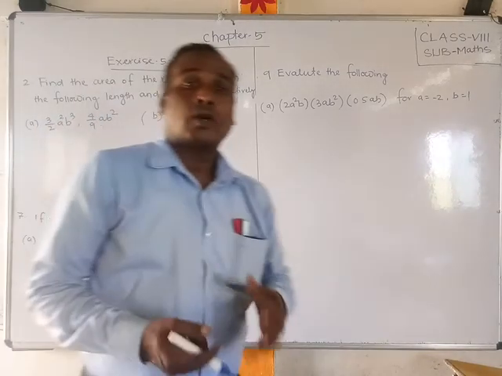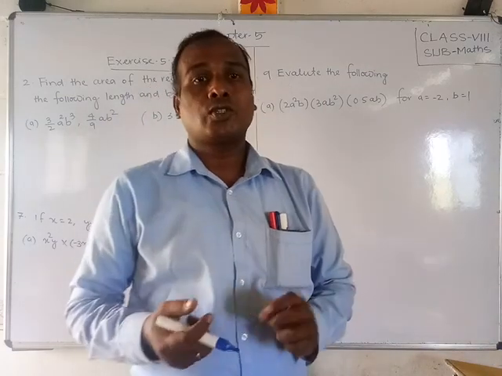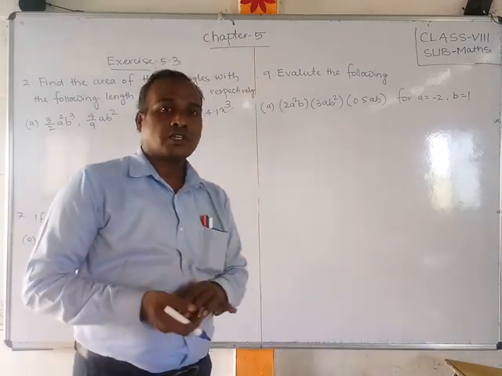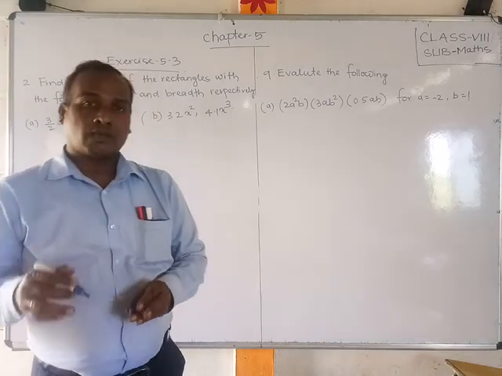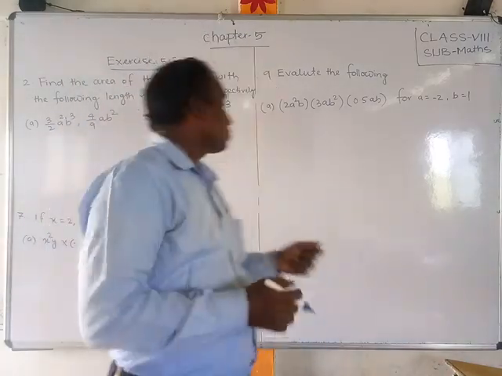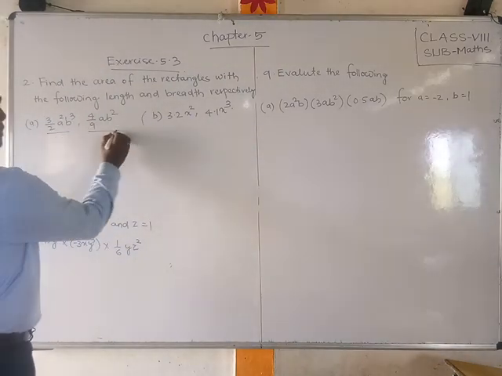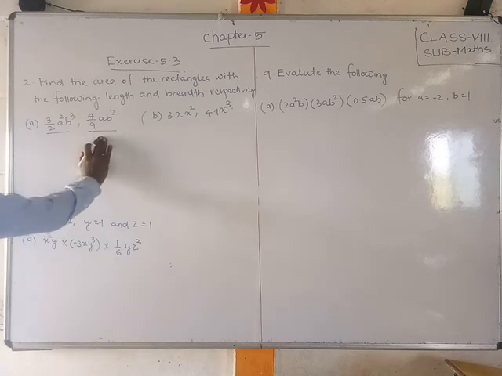So what is the area of the rectangle? Already we know that area of a rectangle is equal to length into breadth. What is the perimeter of a rectangle? 2 of L plus B, that means 2 of length plus breadth. So now we are going to find out. Here the algebraic expressions are given, first one is length, second one is breadth.